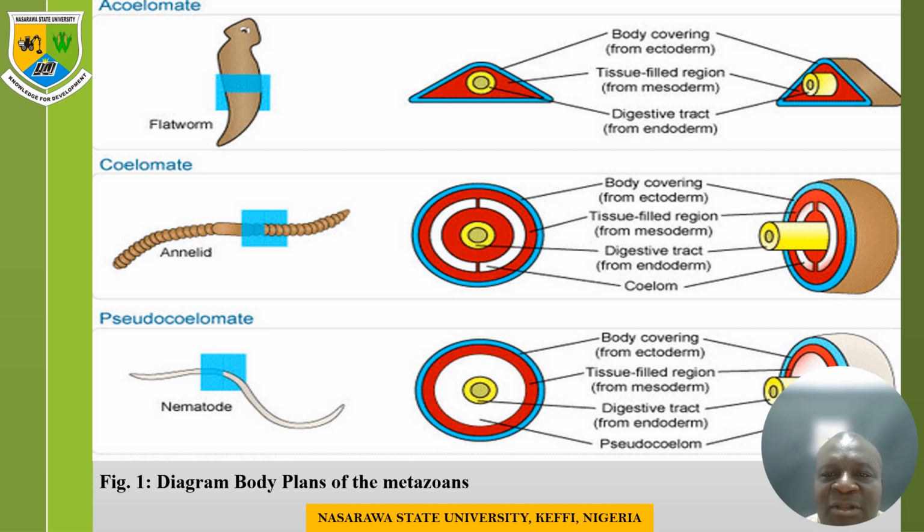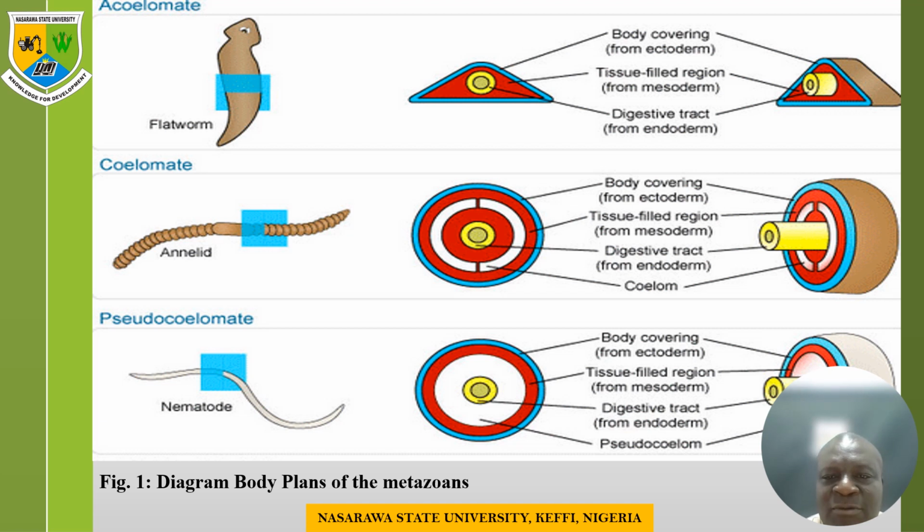So you can see all the other layers. The coelom is embedded inside the layers that the organism is surviving on. And again, we can see the next one, we have the pseudocoelomate, that is false coelomate, which also shows the body plan. And this is the diagram of body plans of the metazoans. Meta means many cell layers.